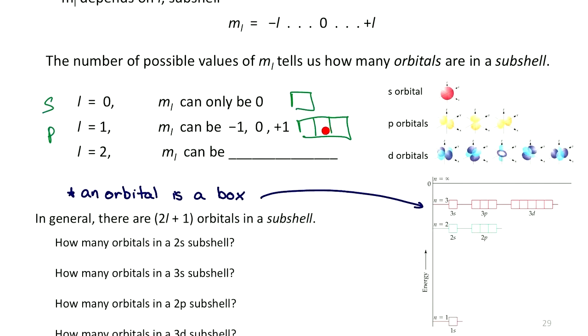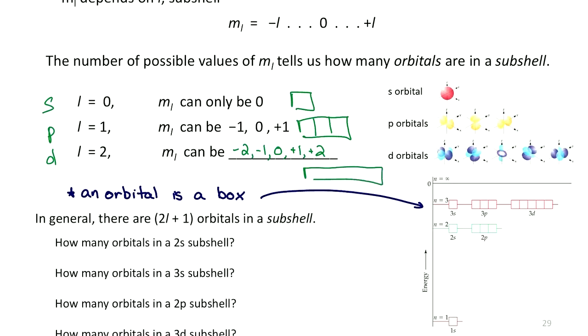You can see the trend if we look at a d orbital, which is L equals 2. The possible values of the magnetic quantum number for a d subshell are -2, -1, 0, +1, and +2. How many numbers did I write? How many orientations are there? 5. So how many boxes are there going to be? 5.